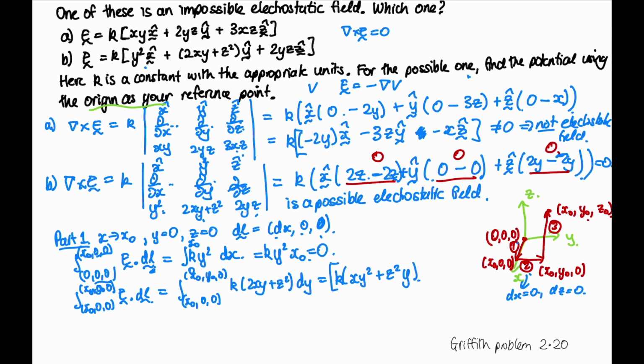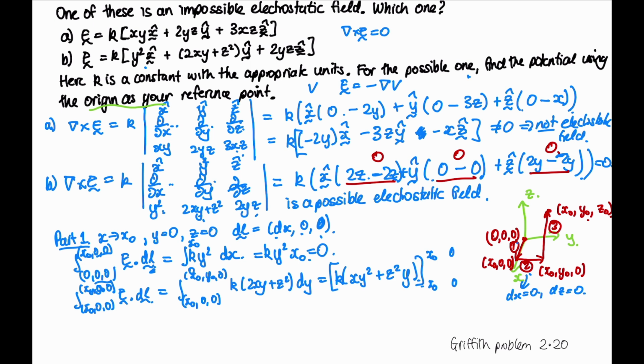And then we'll need to consider these limits on the integral. So everywhere we've got x0, x is equal to x0, that's in both the top and the bottom, and we've got z is equal to 0 in both places.